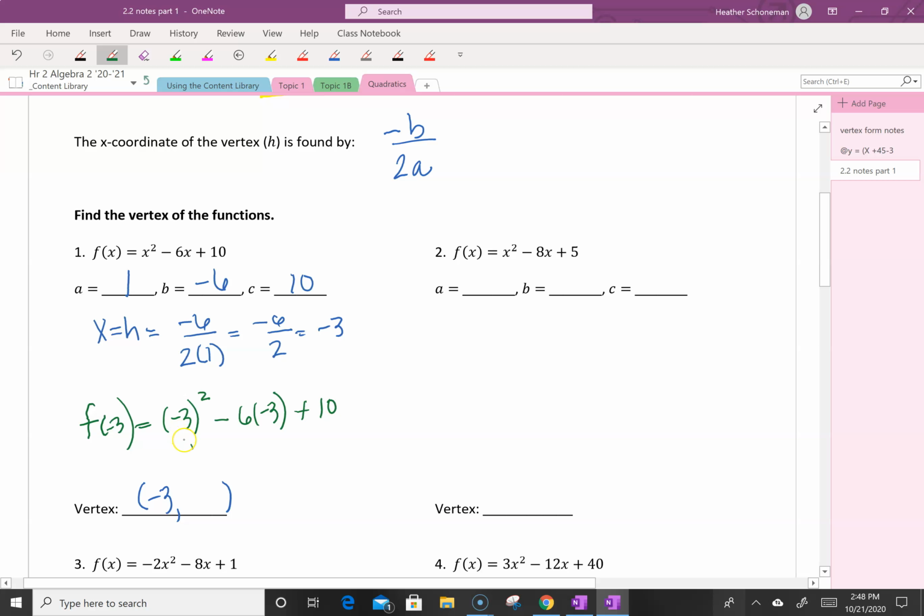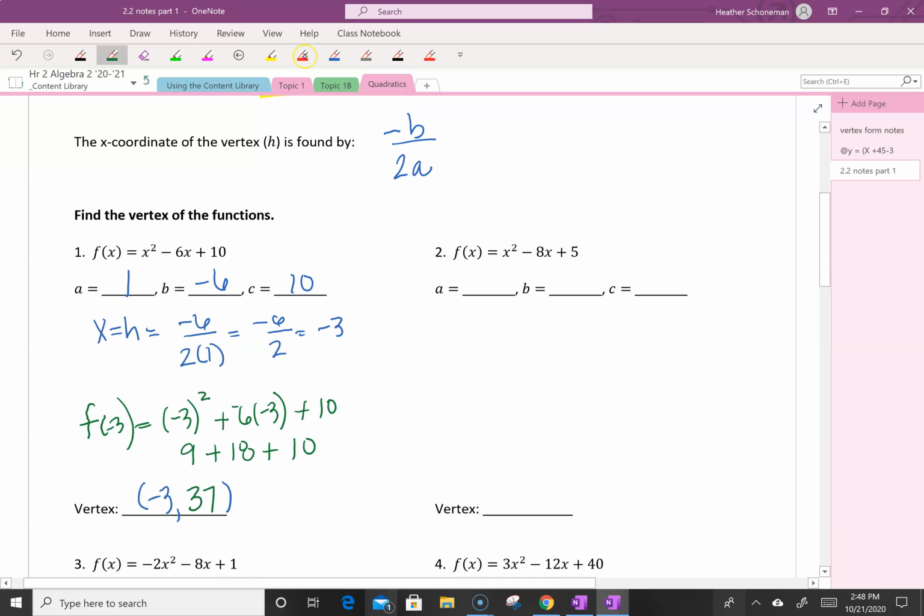Well, negative 3 squared is positive 9. Negative 6 times negative 3 is positive 18. Plus 10. Now I need to add them all together. So 9 plus 18 plus 10 gives me 37. And my point is negative 3, 37.